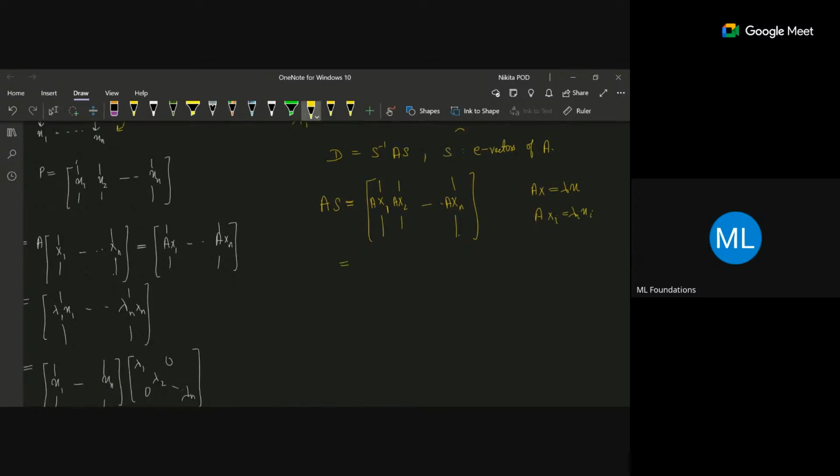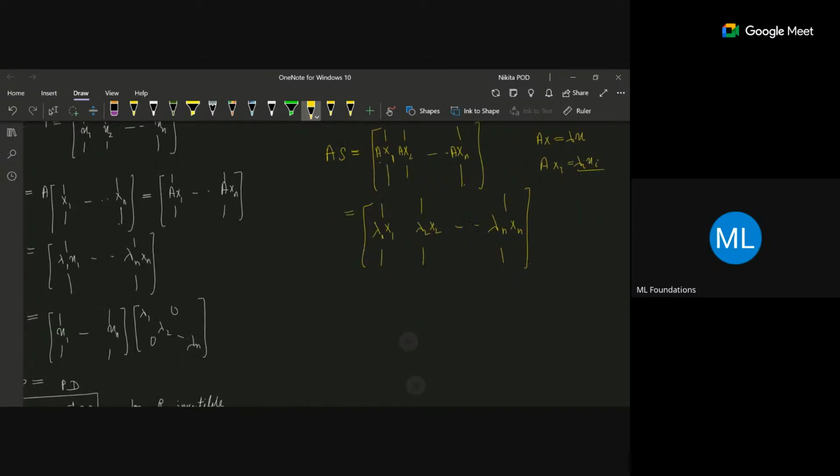So each of these columns we can write as follows: Ax1 can be written as lambda 1 x1, Ax2 as lambda 2 x2, and so on up to lambda n xn. All of these form the columns of AS.